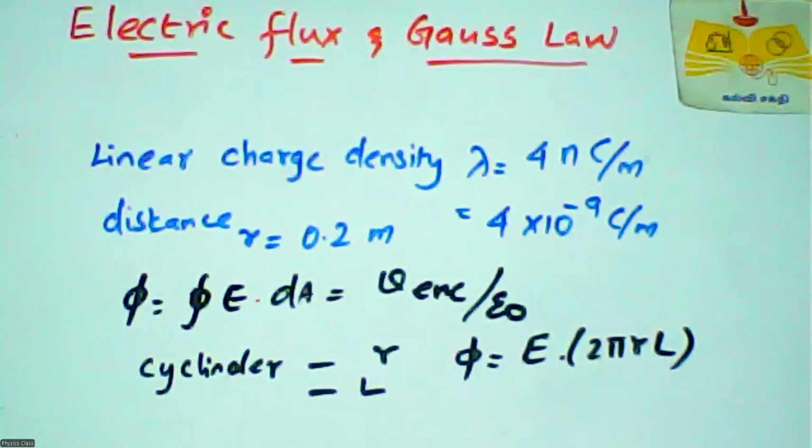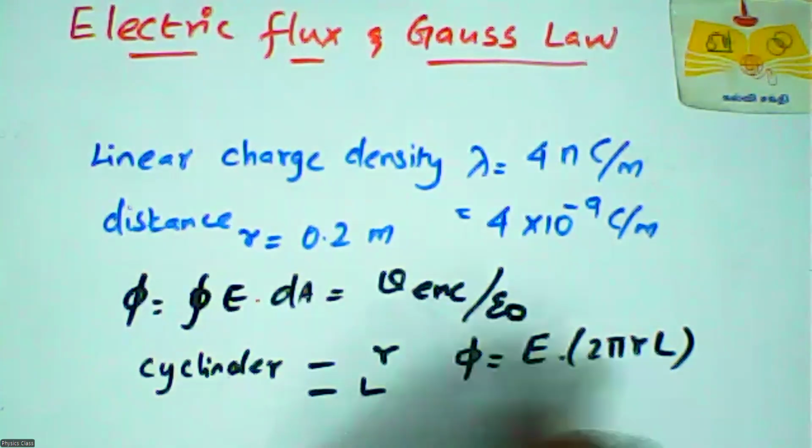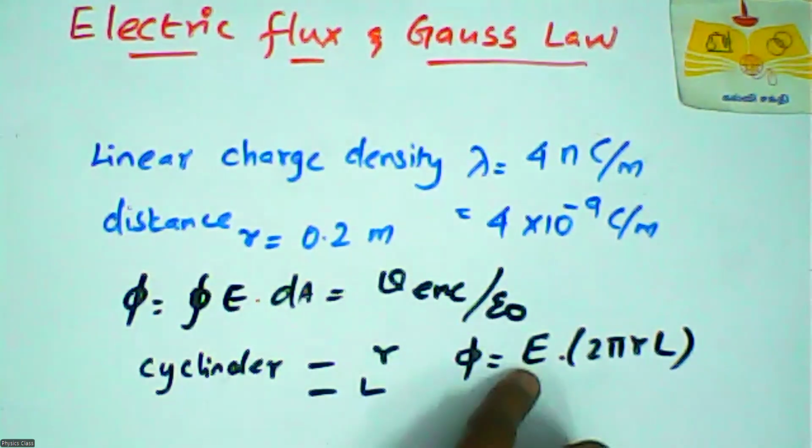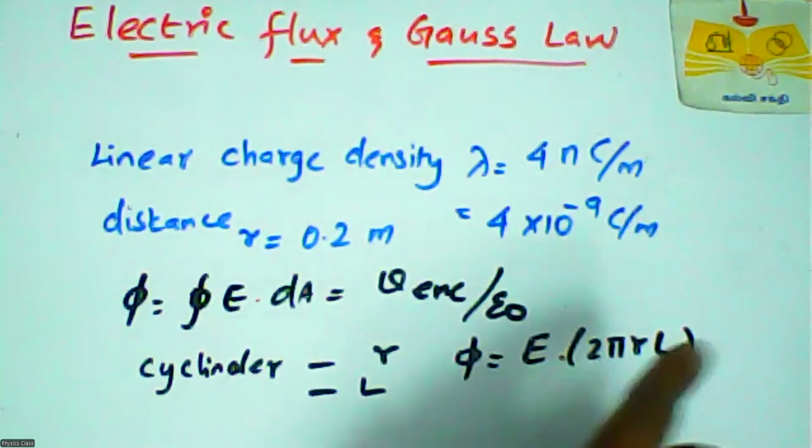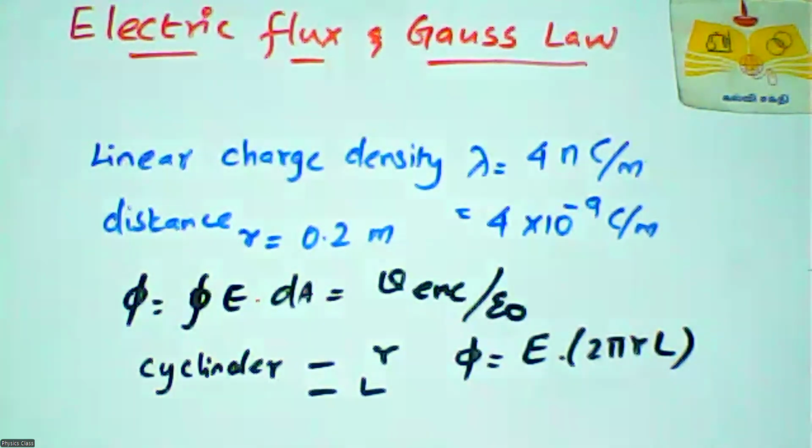Then we can put that curved surface area, that is 2 pi r into L: 2 pi into radius into length. So this is the curved surface area for the cylinder surface. For the flux formula, we have to multiply electric field with area. So that's why E dot 2 pi r L is there.